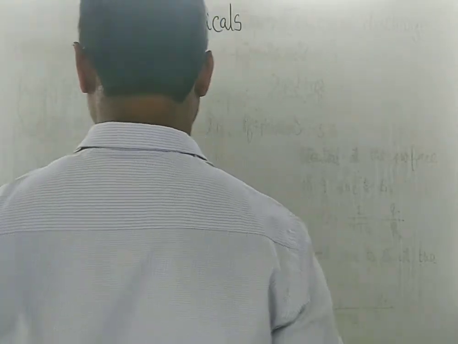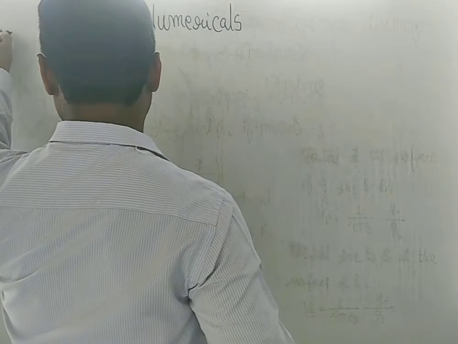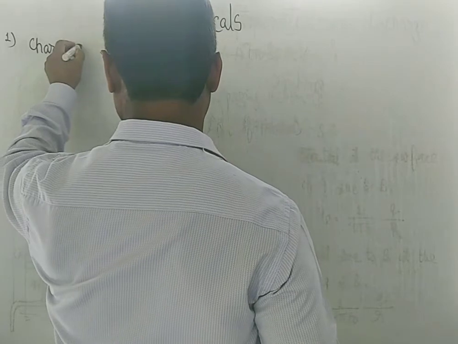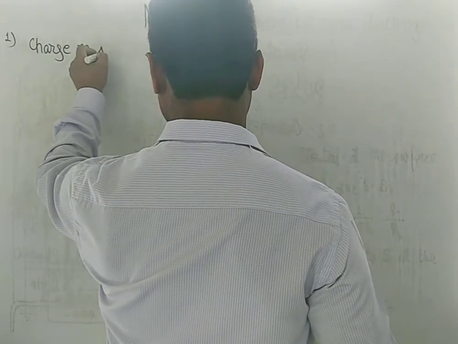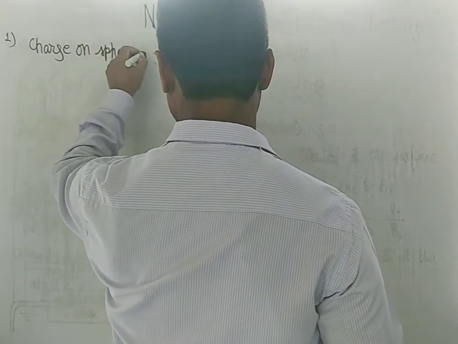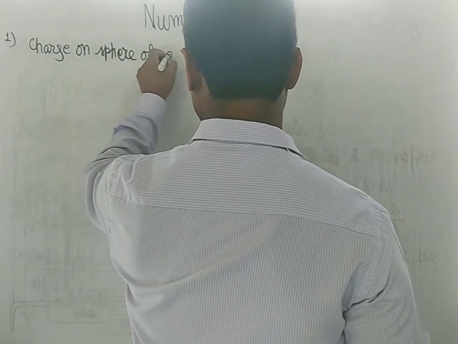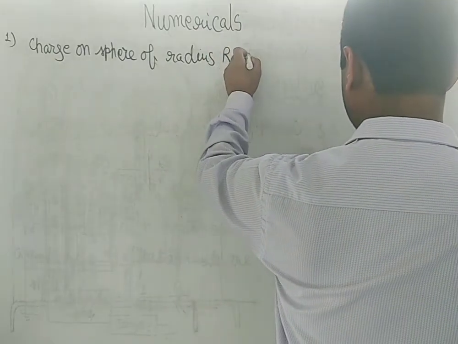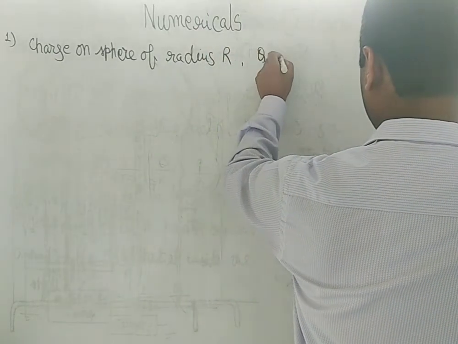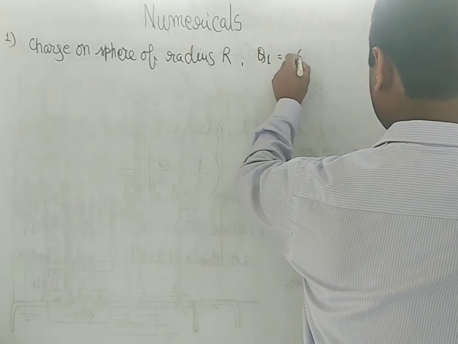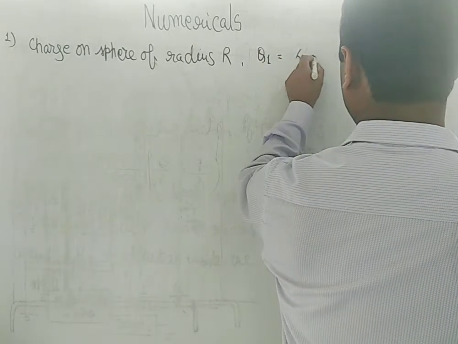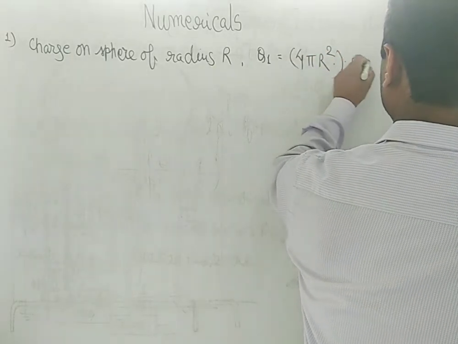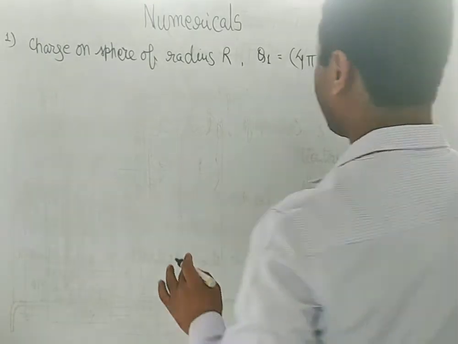So let's start. For the solution part, we can say the charge on the sphere of radius R, let me call it Q1, is equal to 4 pi R square, area, into surface charge density sigma.